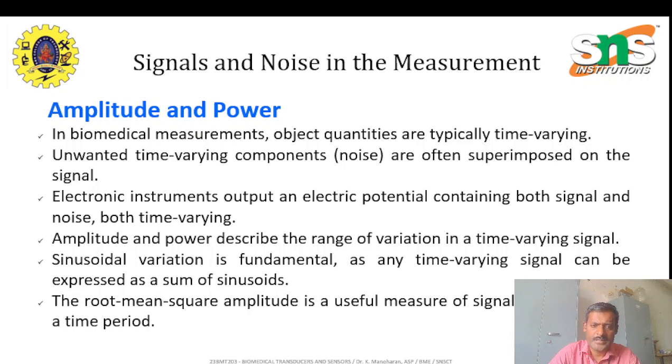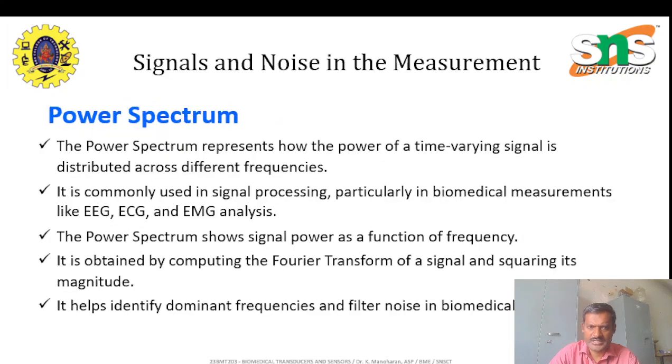Amplitude and power describe the range of variation in time varying signals. Sinusoidal variation is fundamental, as any time varying signal can be expressed as a sum of sinusoidal signals. The root mean square amplitude is useful for measuring signal variability over a time period. Normally we use this RMS value for measuring properties.